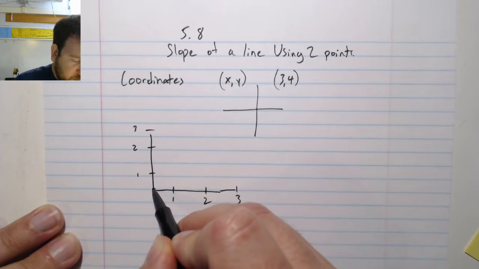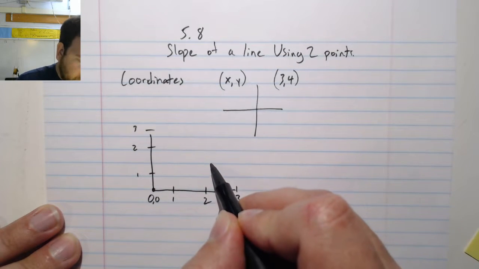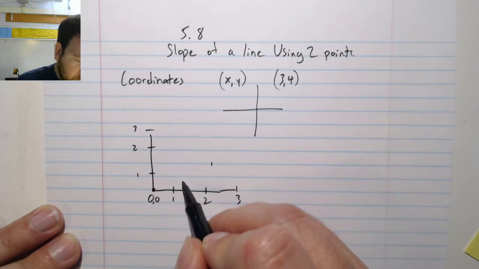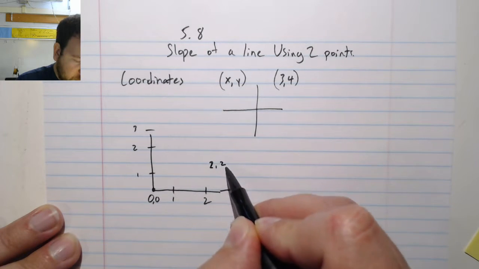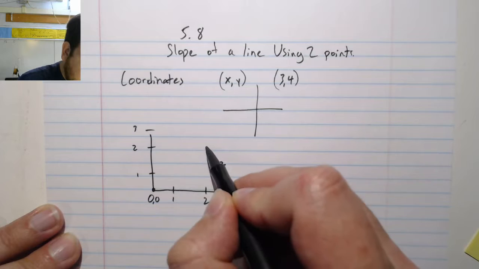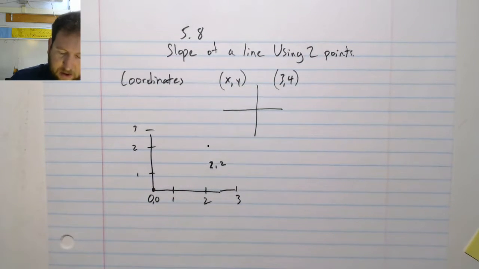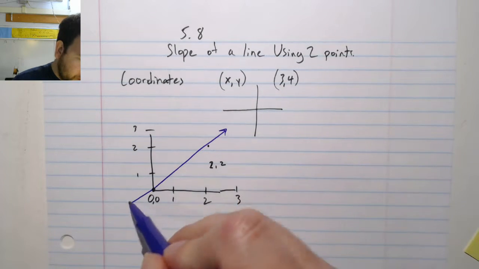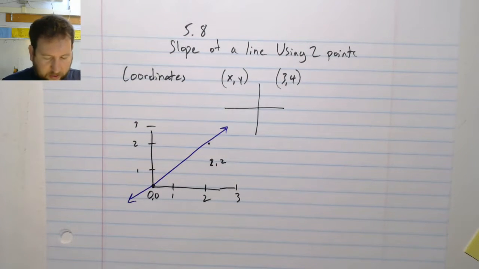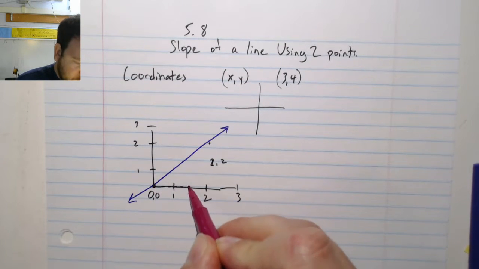And say I had 2 points here, 0, comma 0, and 2, comma 2, which would be here. And the way that I could find my slope, if I had my line like this, would be that I can draw that little triangle out, like this.